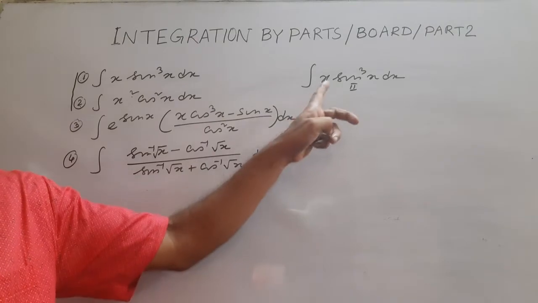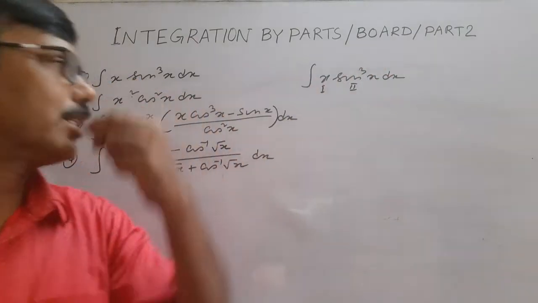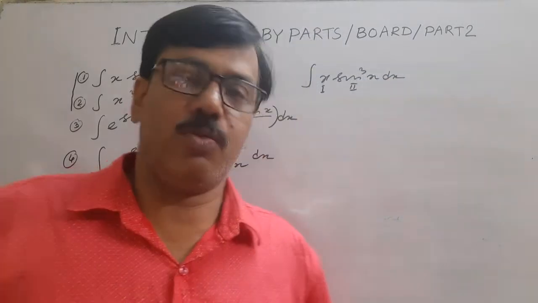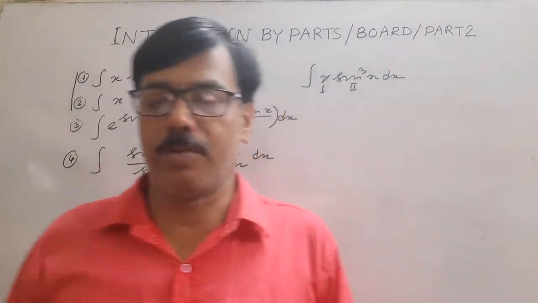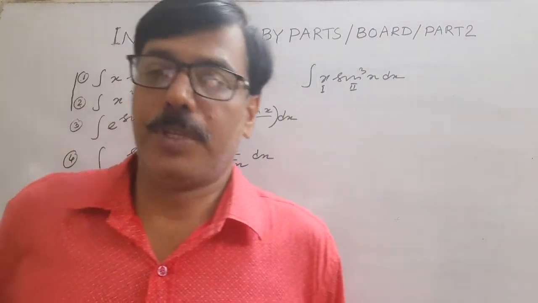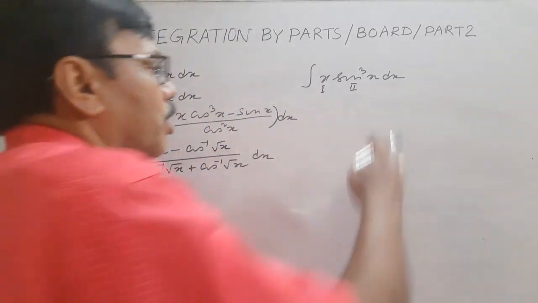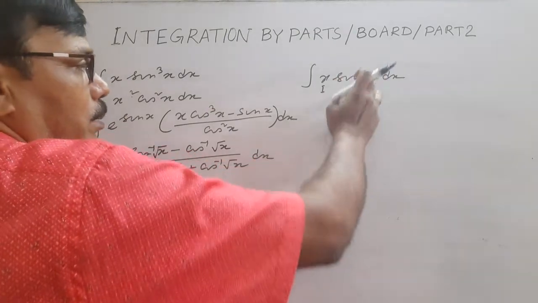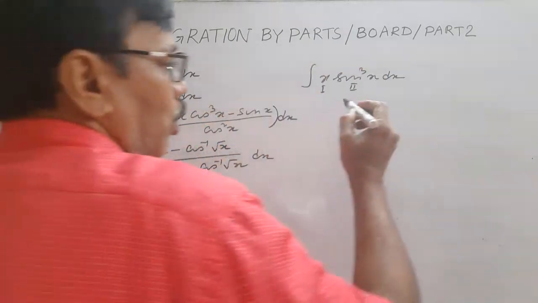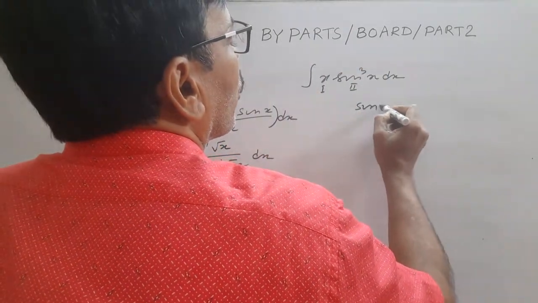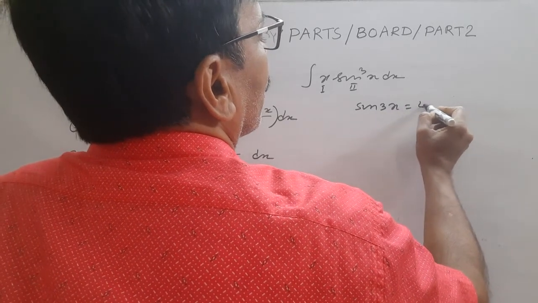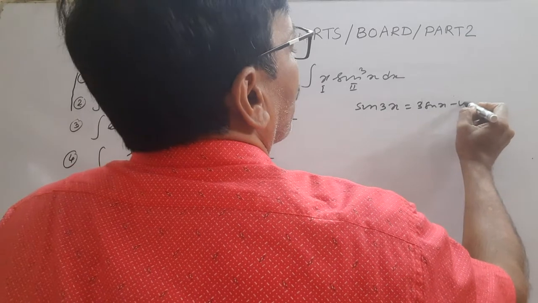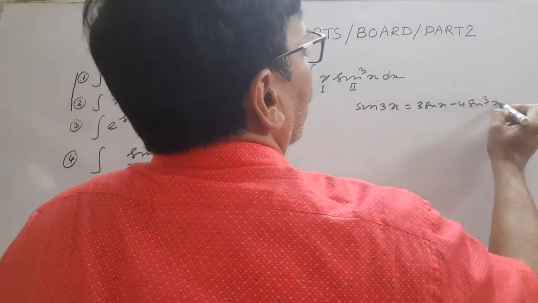But integration of sine cube x, you do not find directly. So we try to express it in terms of multiple angle. So sine 3x equals 3 sine x minus 4 sine cube x.